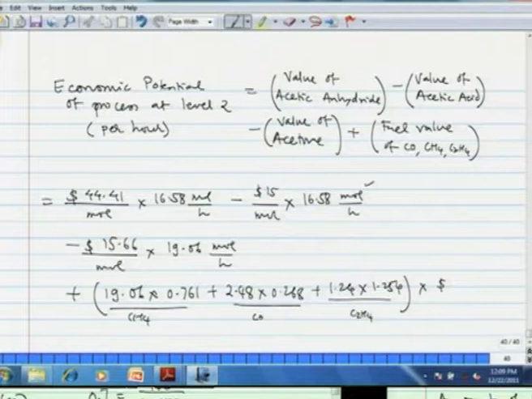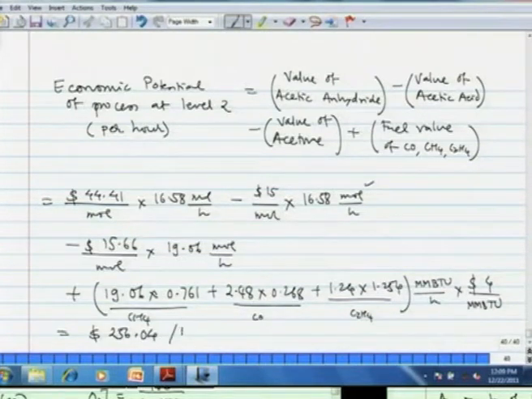This is MMBTU per hour into $4 per MMBTU. So, if you now simplify this, what we have is $256.04 per hour. This is the economic potential at level 2.